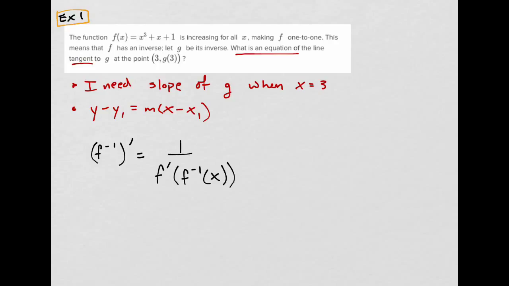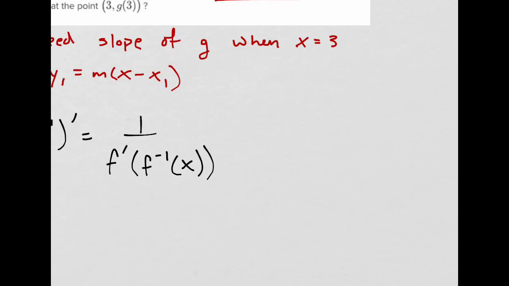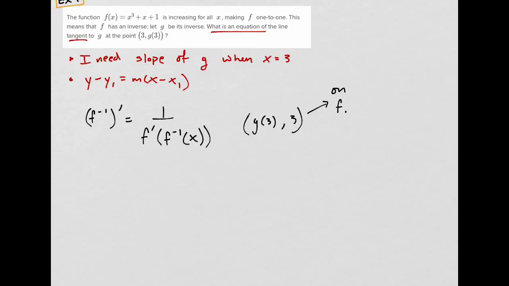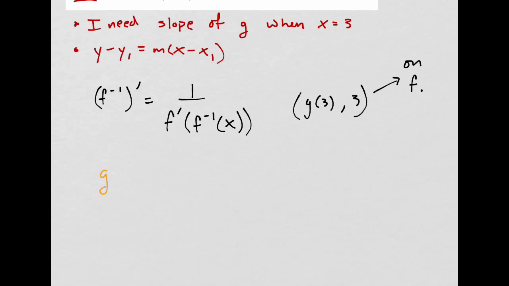I do know that since this part is on g, that means the point g of 3, comma 3, is a point on f. So let's think about this. Let me rewrite my formula, because I'll have the derivative of g, which is an inverse.